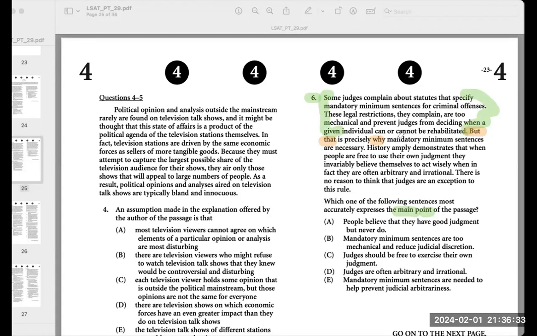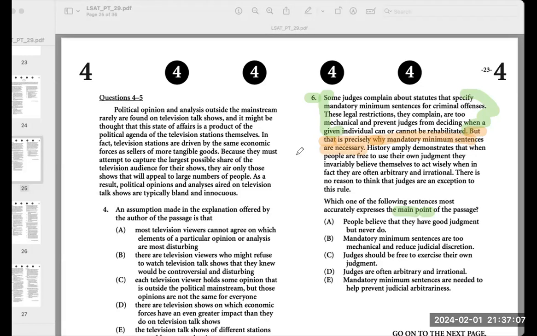So this seems like it could very likely be the conclusion. And the rest of the paragraph, if it's explaining why mandatory minimum sentences are necessary, or explaining how the thing that judges complain about is the reason we need mandatory minimums, then yeah, that would be the conclusion sentence.